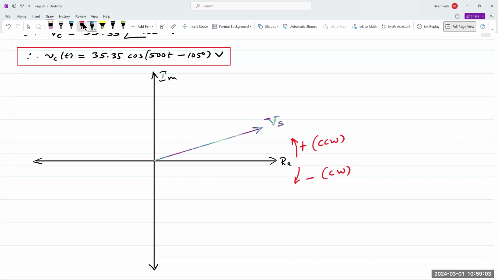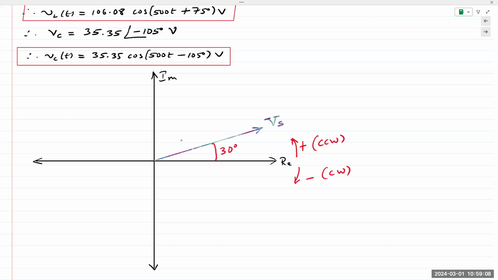And this is going to be 30 degrees with the real axis. The length of the vector Vs is, of course, the voltage. Vs is what? 100. So it's 100 volts. And obviously, this is not to scale. Then the resistor voltage VR is at minus 15.